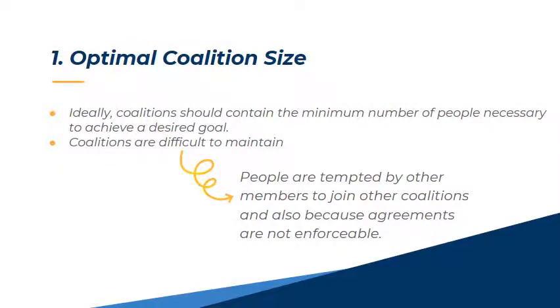Ideally, coalitions should contain the minimum number of people necessary to achieve a desired goal. Coalitions are difficult to maintain because people are tempted by other members to join other coalitions, and also because agreements are not enforceable.